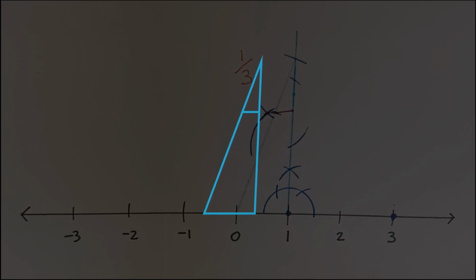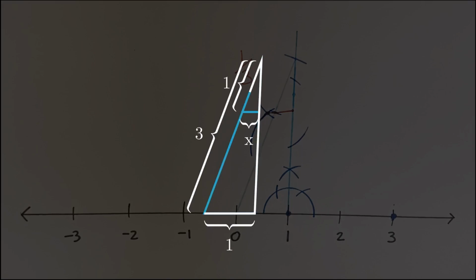Now, let this length be x. If you analyze carefully, you'll see that we drew 2 similar triangles, one big and one small. So the ratios of their sides will be equal. Hence, the ratio of x to 1 will be same as the ratio of 1 to 3.